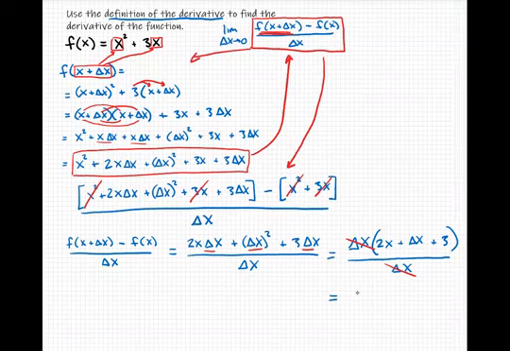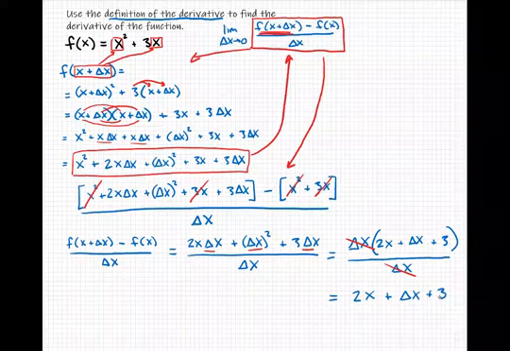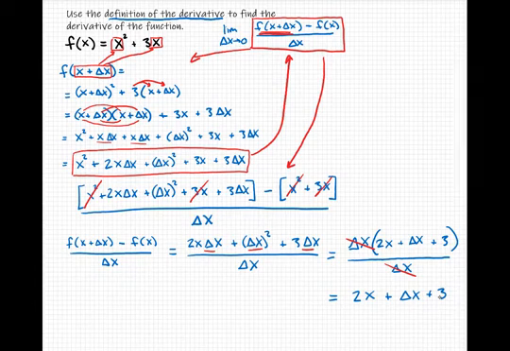Our difference quotient simplifies to 2x plus delta x plus 3. We haven't really done any calculus here. This is a lot of algebra. Now we're ready to do the calculus. The calculus in this problem is applying the limit.